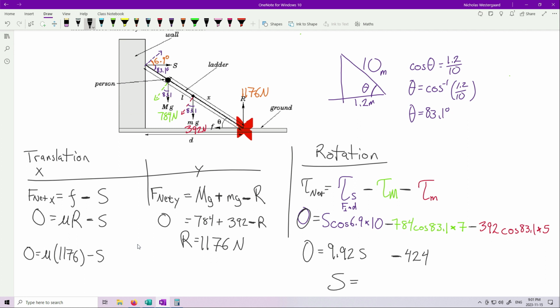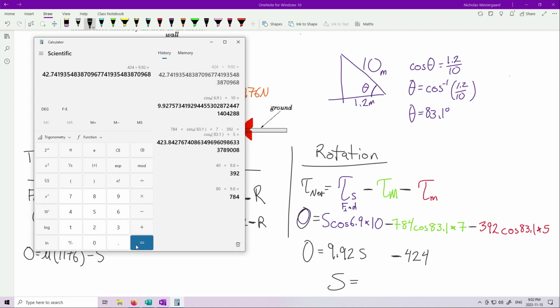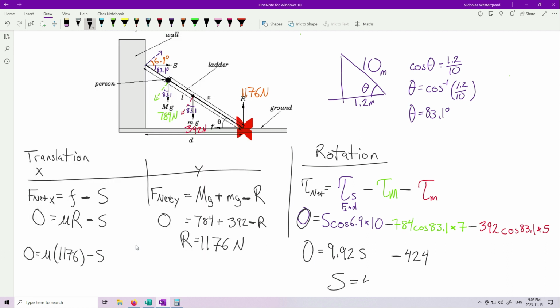S is equal to, this is pretty easy math from here. 424 divided by 9.92 equals, that's 42.7. 42.7 newtons. We've just found S, S is 42.7 newtons. There we go.